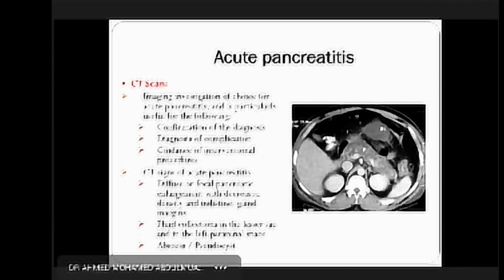And if there is a complication like abscess or pseudocyst in case of acute pancreatitis, we may see it easily on CT scan. And we can do our drainage under CT scan guidance. Later on, we can follow this patient with ultrasound after we do any procedures.